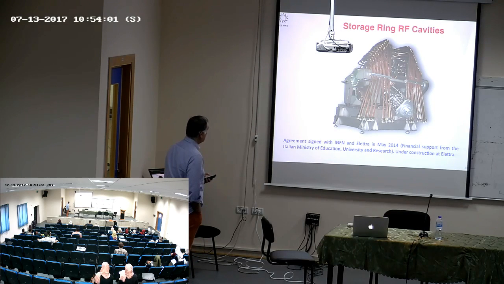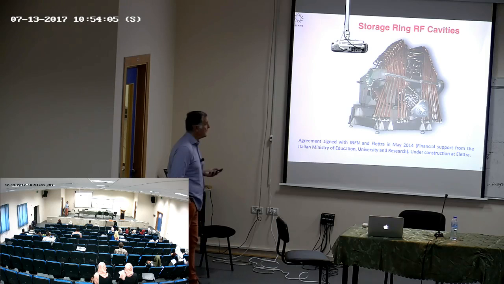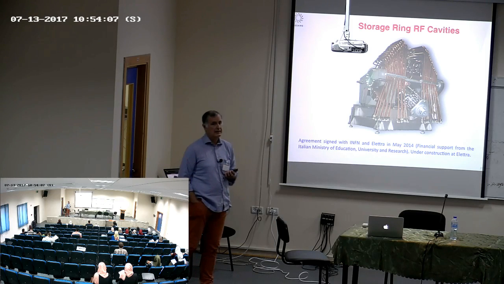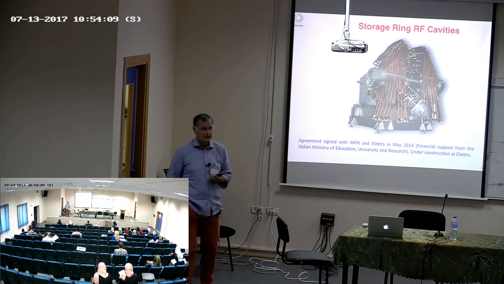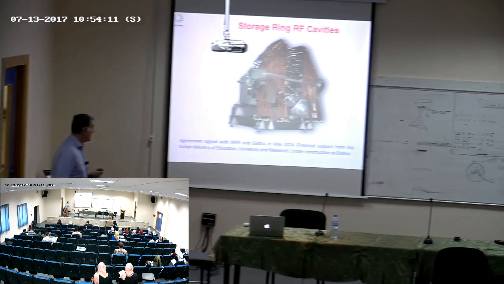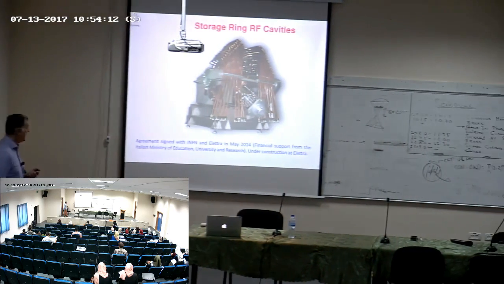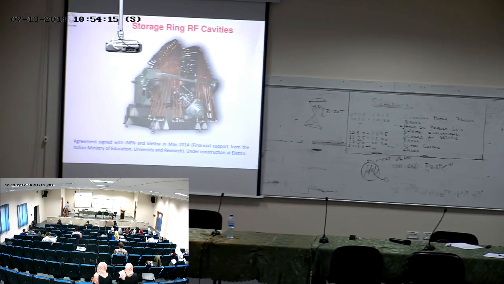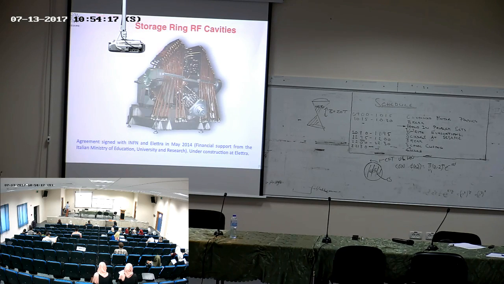Okay, this is the vacuum chamber. This is a picture of one of the RF cavities. The RF cavities are supported by Italy, which gave an in-kind contribution to SESAME. The cavities themselves were 1.25 million euros.